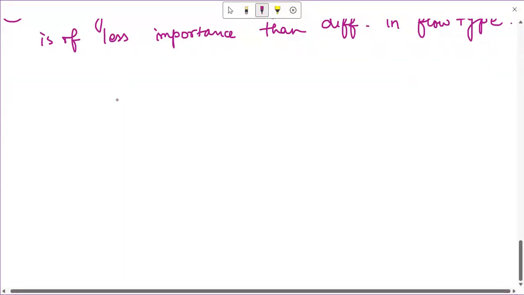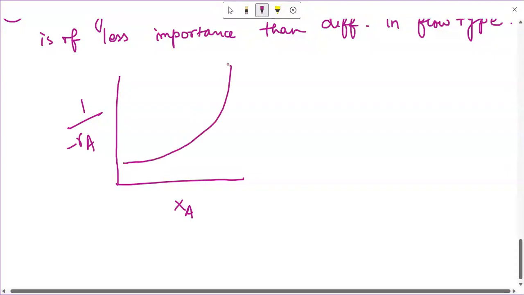So if you make a plot of conversion on the x-axis and 1 by minus RA on the y-axis, you get a curve like this. This is your initial conversion, XAI, and this is your final conversion, XAF, and this is any rate curve.